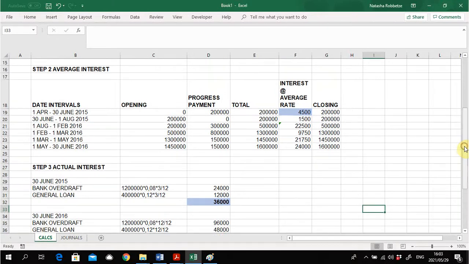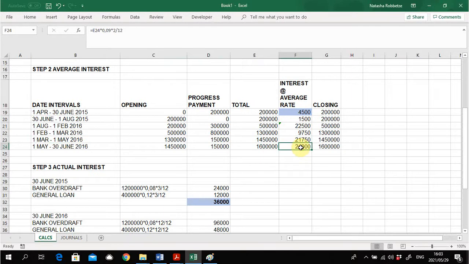So when did the capitalization period start? On 1 April. When did the capitalization period end? It ended on the 1st of May. So I know that the interest that I've calculated here will be a pure interest expense because the capitalization ended there on the 1st of May.